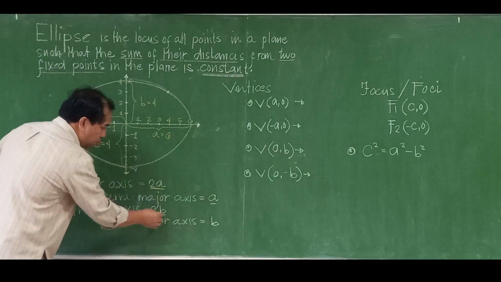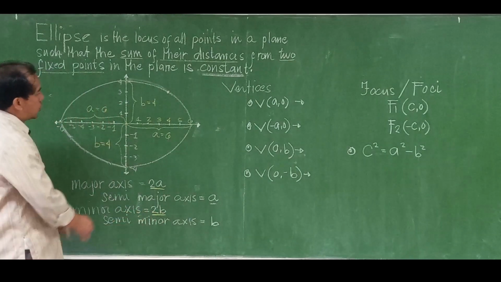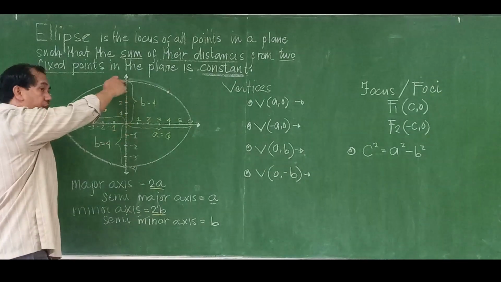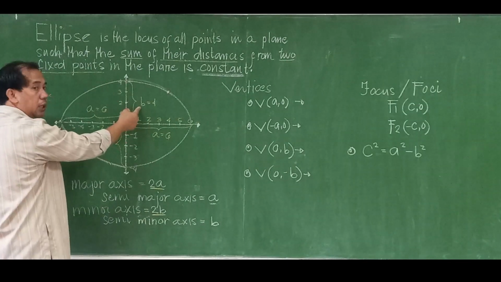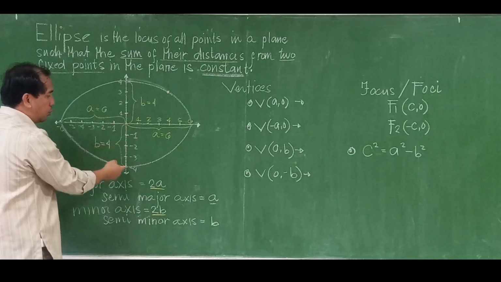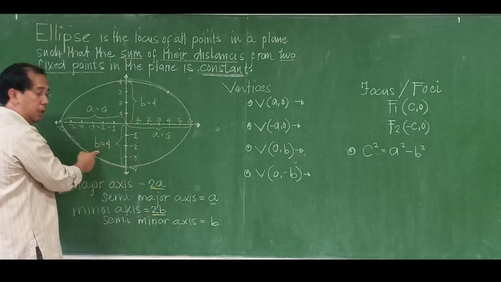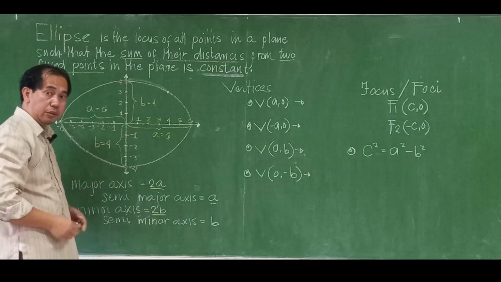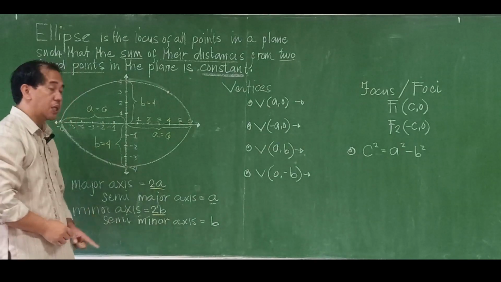Why? Because the measure from the center going to this vertex is actually b, and the measure from the center going to the other one is also b. Meaning, if I add these, the general measure of the minor axis is the same as 2b.